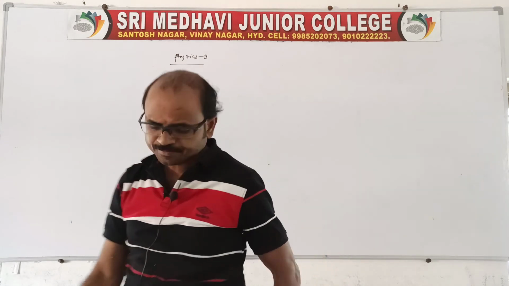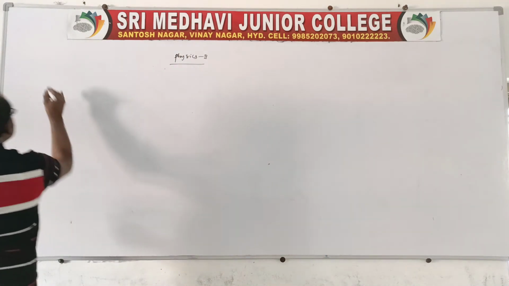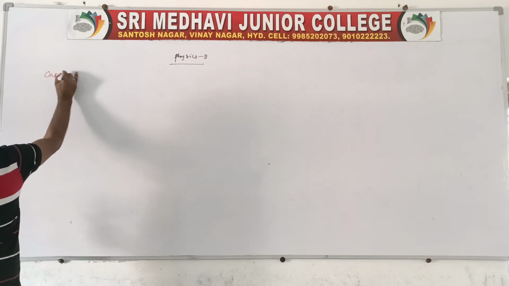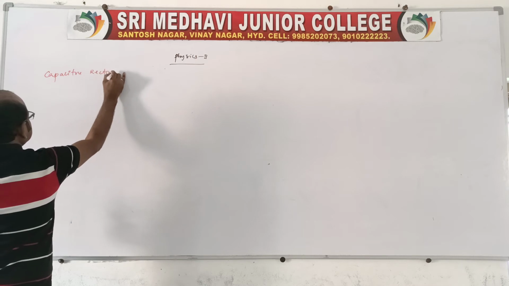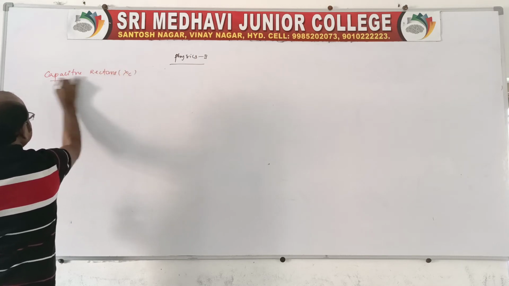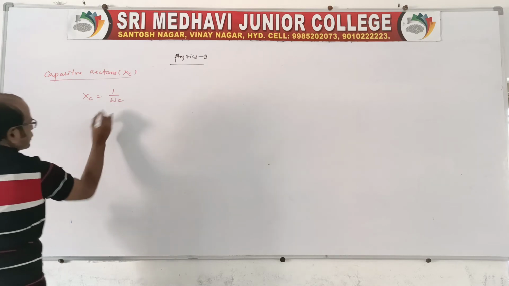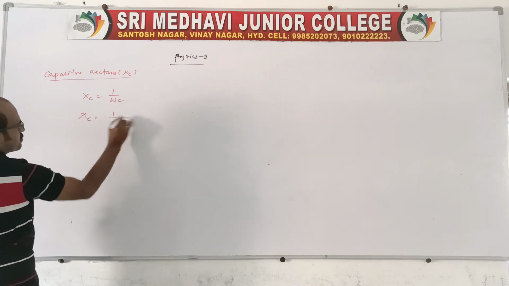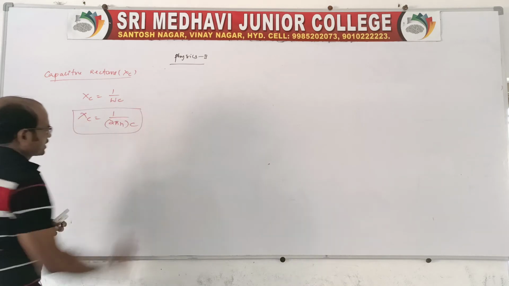Take the side heading as capacitive reactance. That is XC, the opposition offered by the capacitive circuit. So XC is equal to 1 by 2 pi n C. This is capacitive reactance.